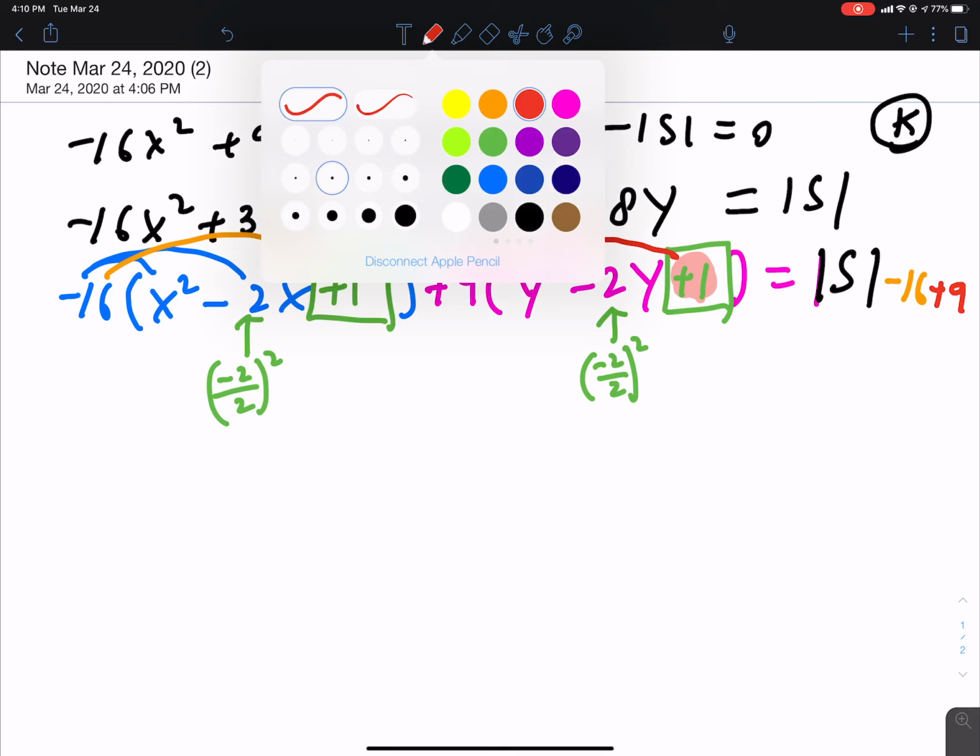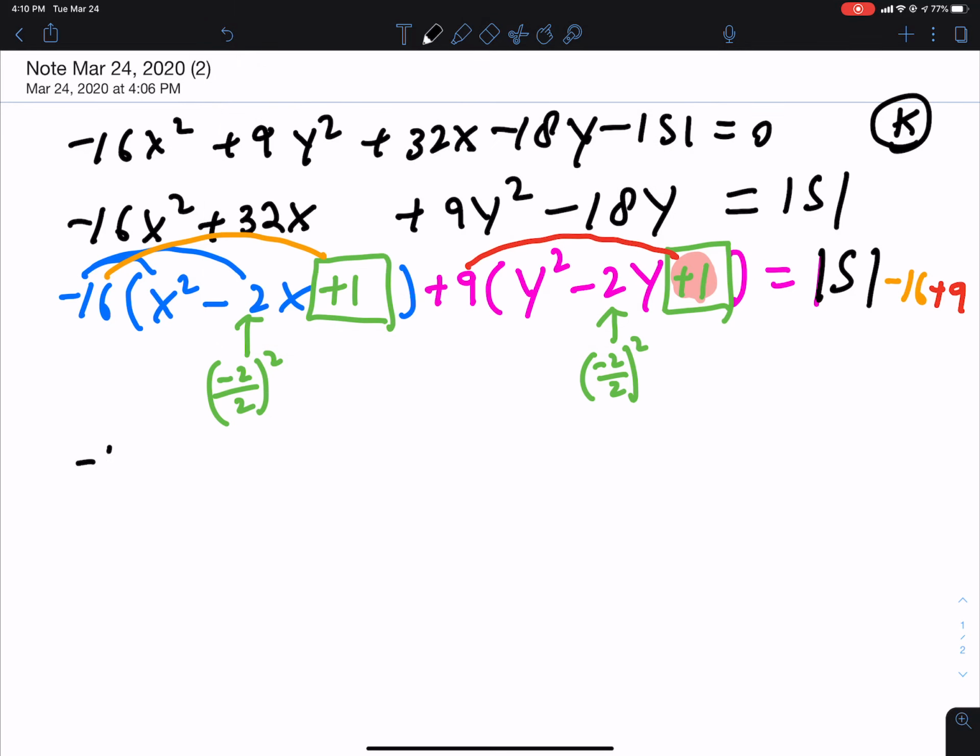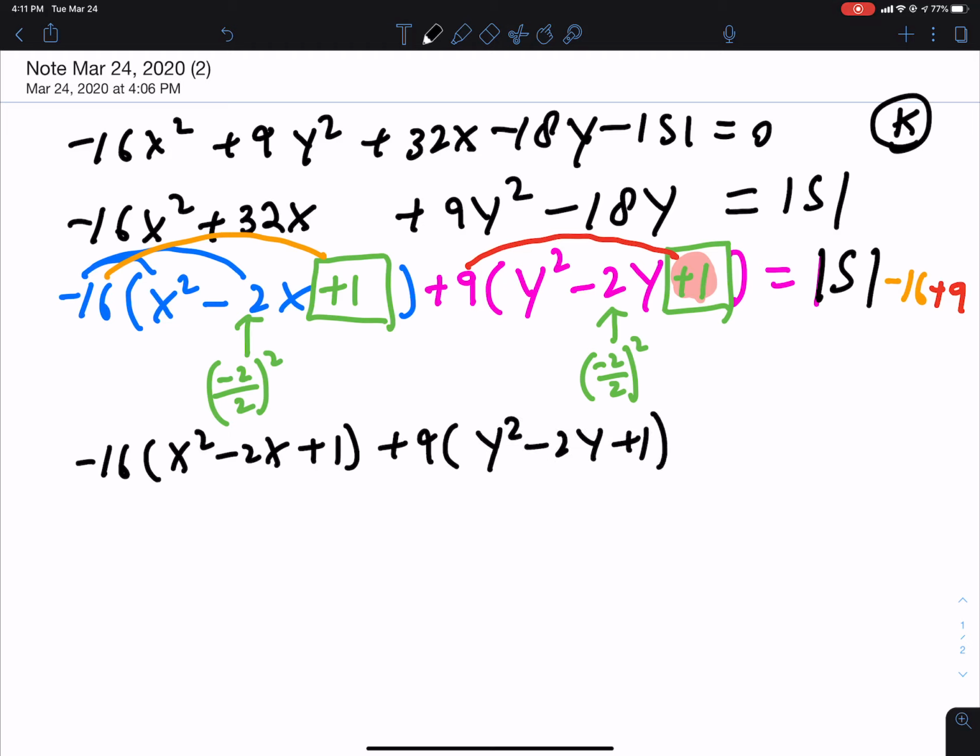Let me clean this up because it's kind of getting messy. So I have negative 16 and that. Then I have the 9, and I have y squared minus 2y plus 1. And what is that? So negative 16 plus 9 is really minus 7.